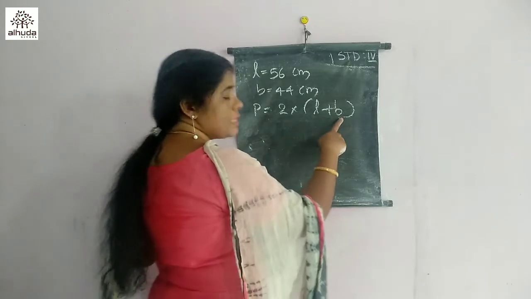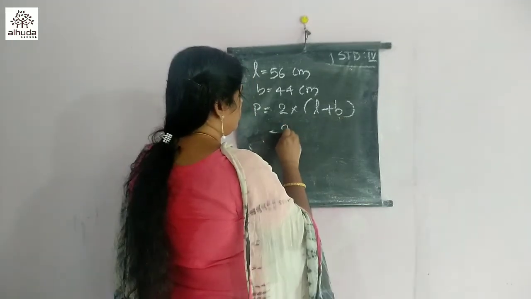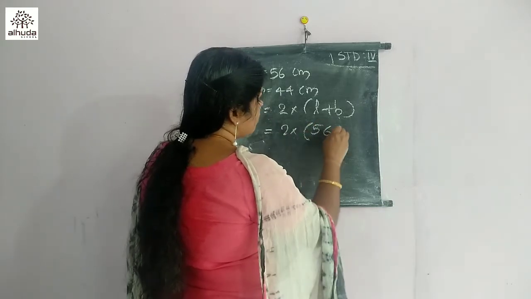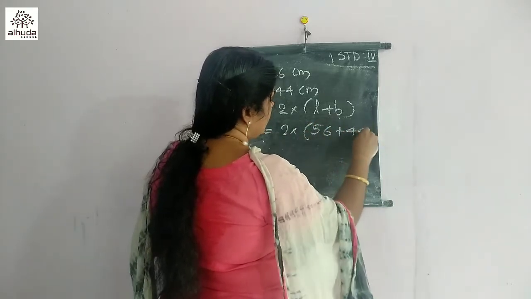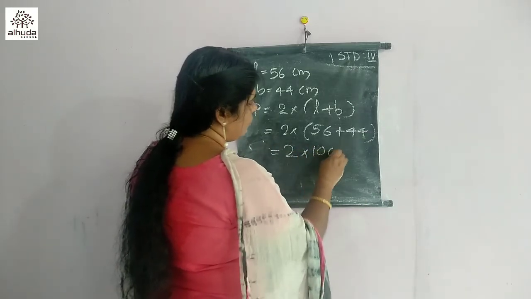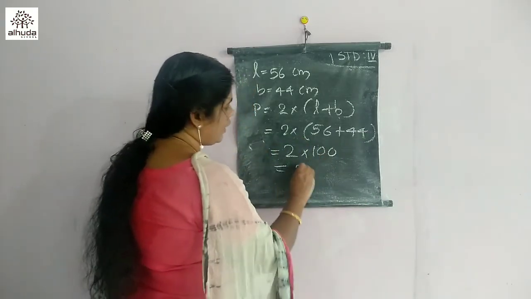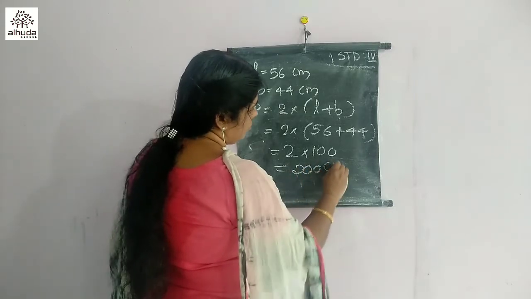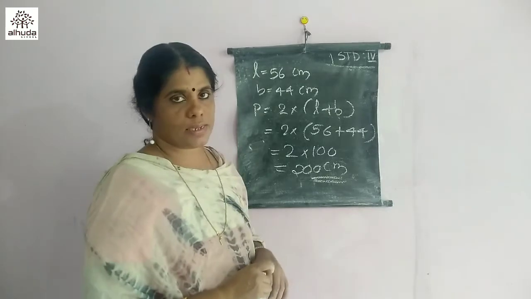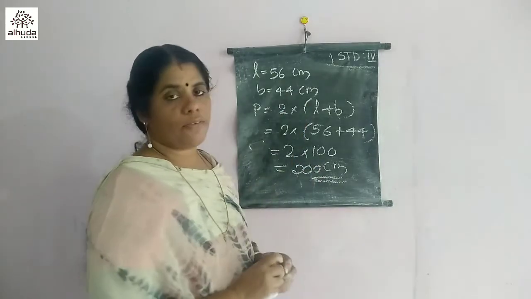L is length, B is breadth. That is 2 into (56 plus 44), 2 into 100. Isn't it? So 200 centimeter. Unit must. 200 centimeter is the answer. In this way we can find easily.